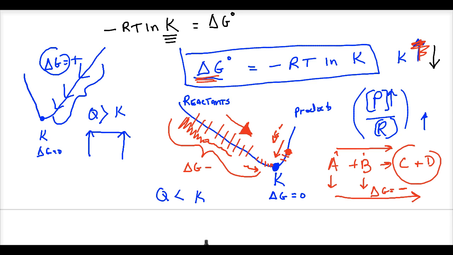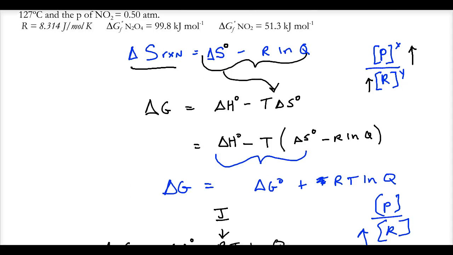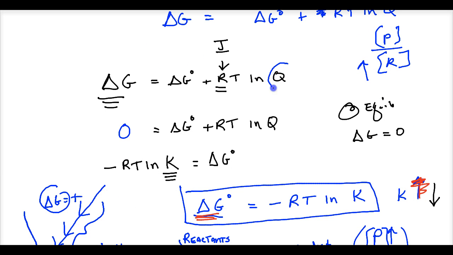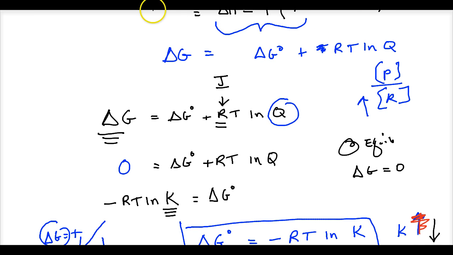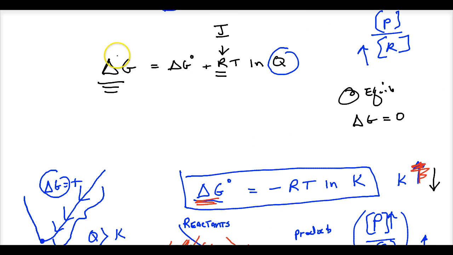Now, the only problem with this that some people have is the math. Because if we're going to solve for the ln of Q, we have to remember our math a little bit. So, when you deal with something like ln of Q, and you're solving for it, let's pretend that we're solving for this equation here.